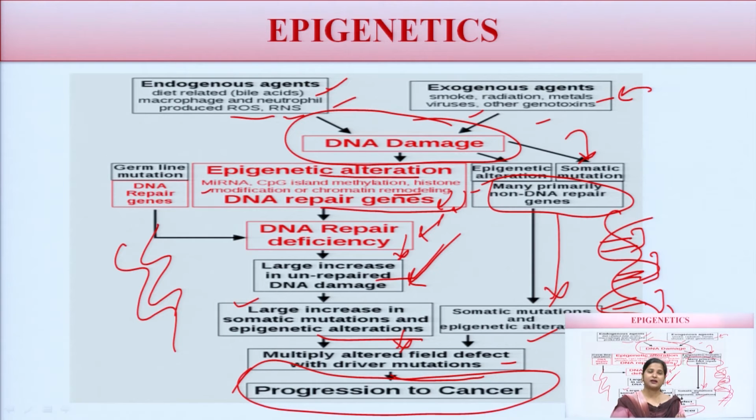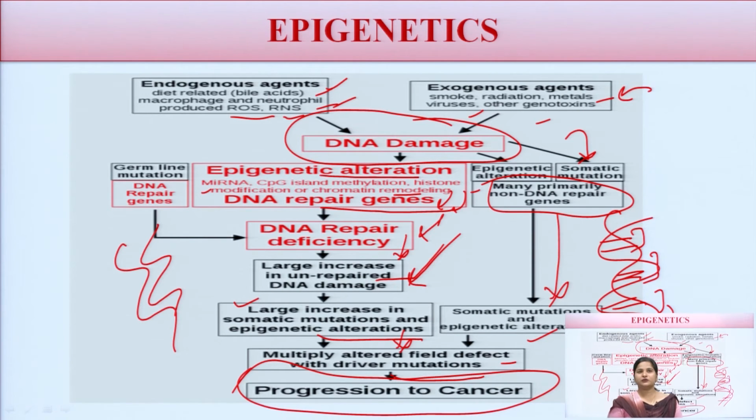Endogenous agents are like bile juices or macrophages, or neutrophil production; when the neutrophil production is very high, then the reactive oxygen is very high and inflammation occurs. So, this is a condition inside the body which endogenous agents cause. Now, exogenous agents means things like dietary products, microbes, environmental conditions. So, these are the exposure agents.